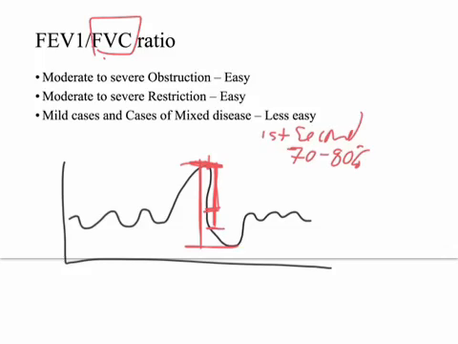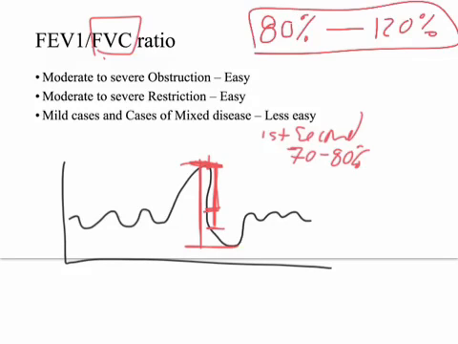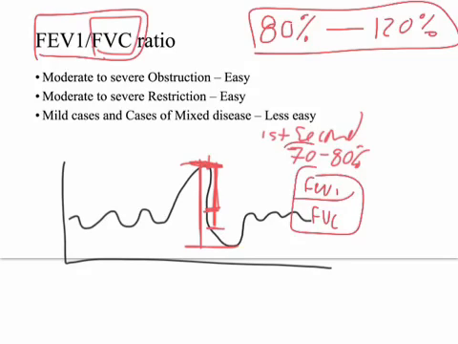Now, on a pulmonary function test, a person is considered normal on every number as long as they're between 80% to 120% of their normal. The only exception is with the FEV1 to FVC ratio, where I divide FEV1 by FVC, that gives me the ratio. That can be normal at 70%.